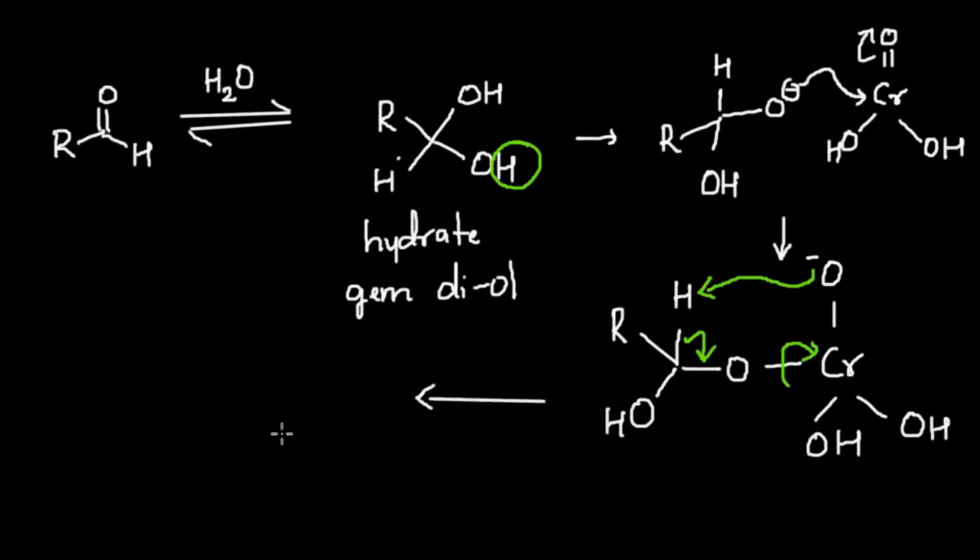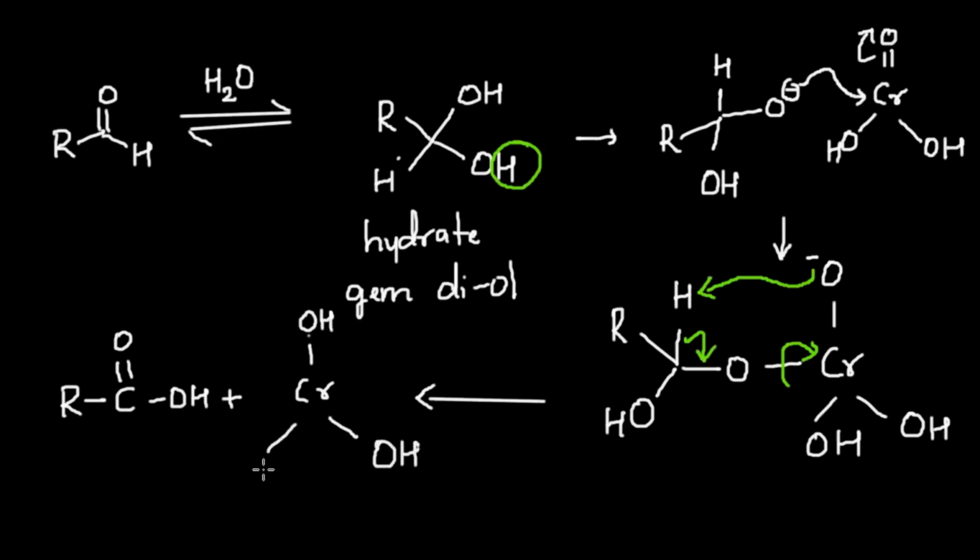So what you have essentially done is you have oxidized aldehyde to carboxylic acid. Meanwhile, chromium has been reduced to +3 oxidation level. From +6, you have reduced it to +3 oxidation level.